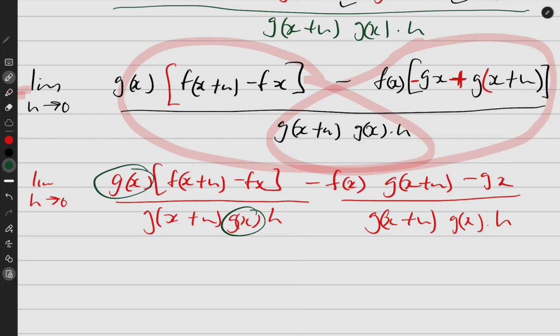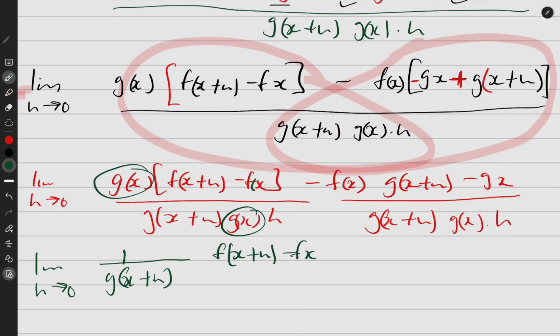Okay, so now I can write it like this again. Limit as h approaches 0. I can write it as this g of x plus h, and here I will have f of x. I'm just separating it, so I have nothing clever again. Minus f of x, I should have used brackets here.